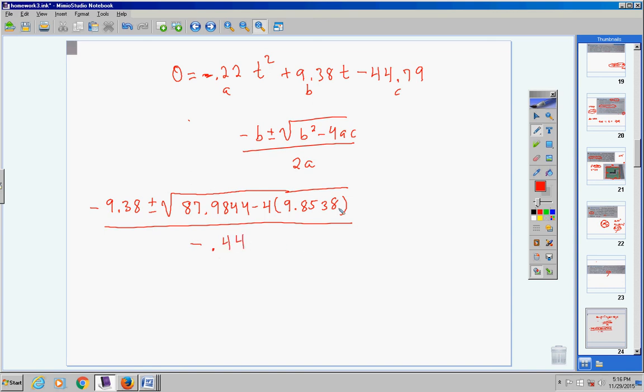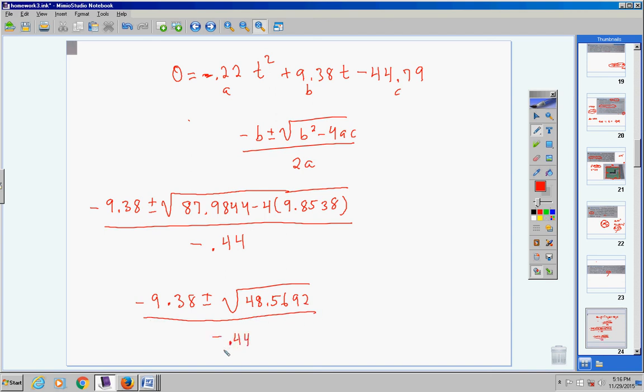Now, with my calculator, I'm going to type all of this in and get out a number for my radical. So negative 9.38, plus or minus, and here we go. 0.5692 all over negative 0.44.